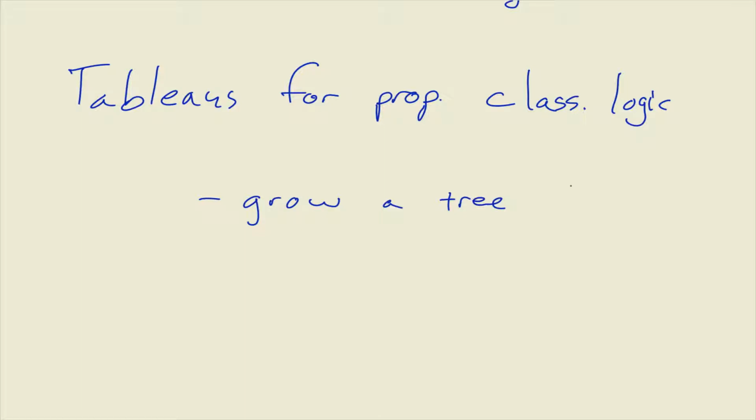I've now become very familiar with how to do this for intuitionistic logic, and I hope I'm going to do it right for classical logic. So we're going to grow a tree labeled by signed formulas.